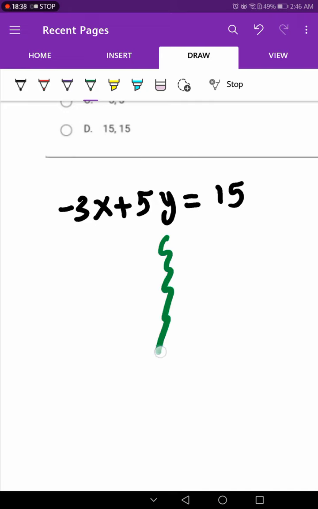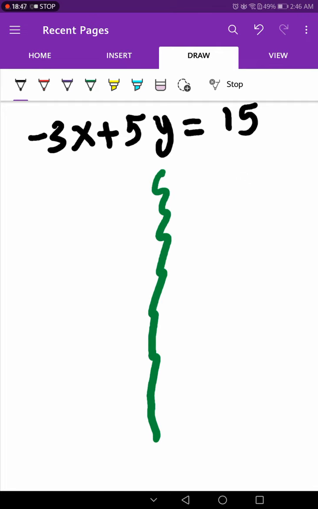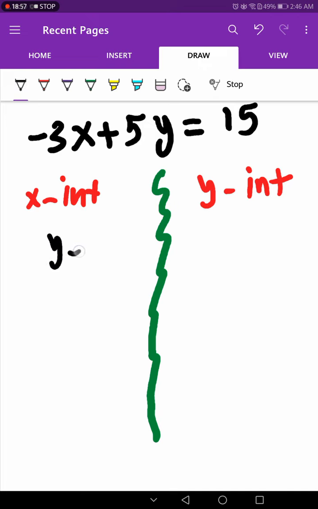Because the device is not working. Okay, now it's working. Now, as I said before, my dear student, you find the x-intercept and the y-intercept. For the x-intercept, y equals 0.